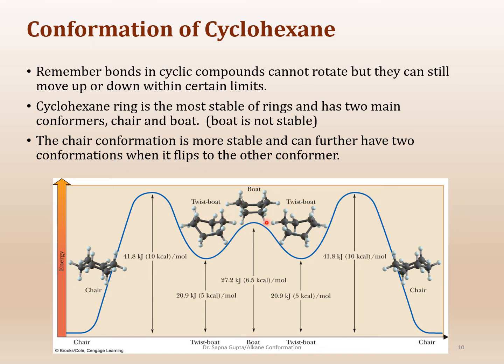And then here is the boat conformation, in which case you can see that this atom has moved up. Once it moves up, it kind of looks like a boat, so that's called the boat conformation. Going from boat to the other conformation, which is called the chair conformation, it has to go through the twist boat, and then it comes down to the chair conformation. In case you can't see, the chair is like a lazy boy chair.